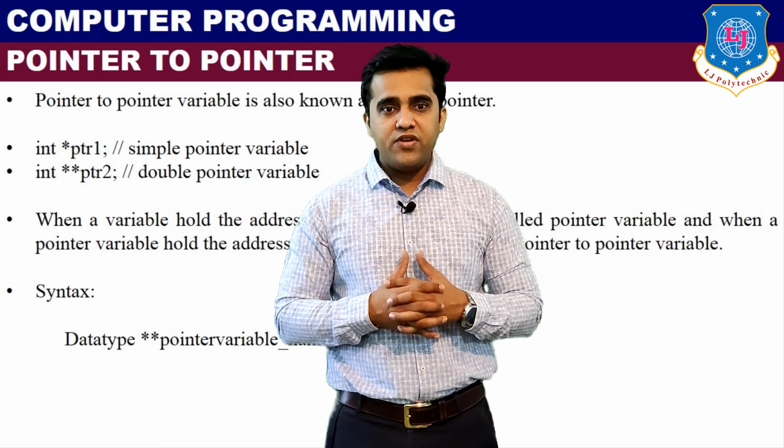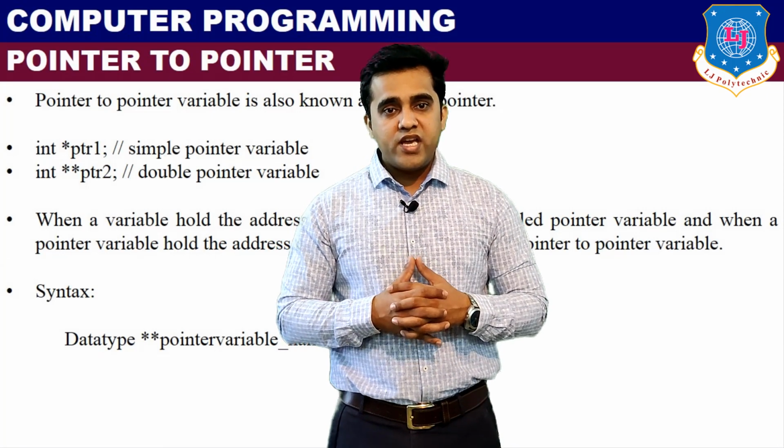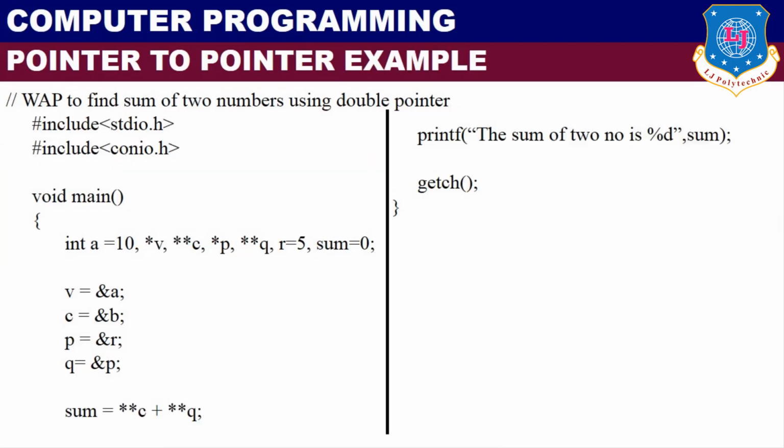Now let's understand with a simple C program. Please stay focused on the screen. The aim of the program is to write a program to find the sum of two numbers using pointer to pointer or double pointer.